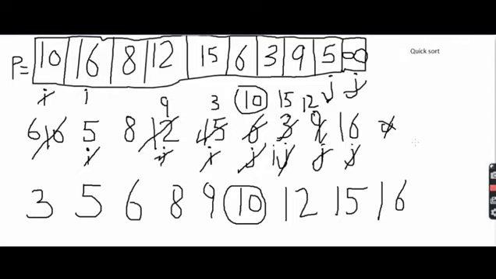Then once our pivot is sorted, we can sort the list recursively as we have seen in this example.